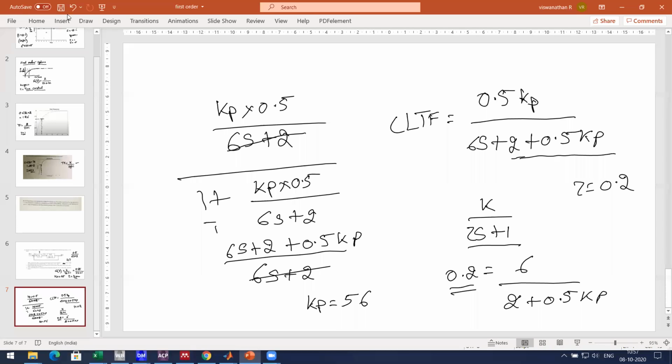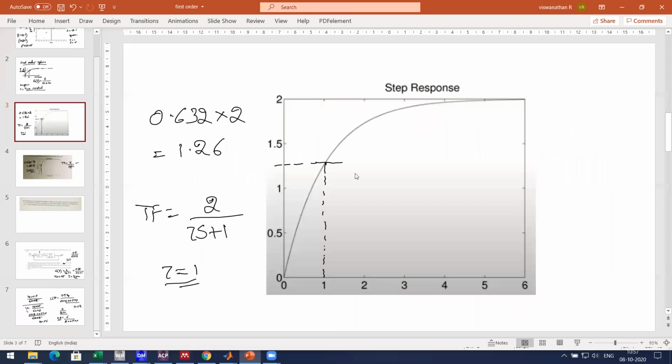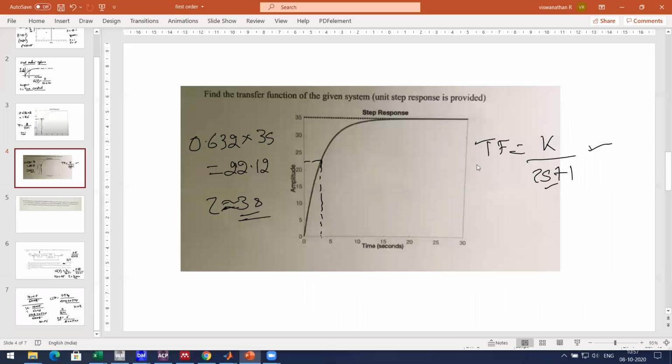Okay, so what you need to remember is that the time constant is the time taken to reach 63.2% of the total value. It should be of the form k divided by tau s plus 1; always here it should be 1 only.